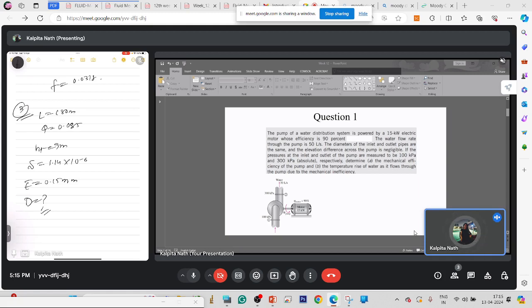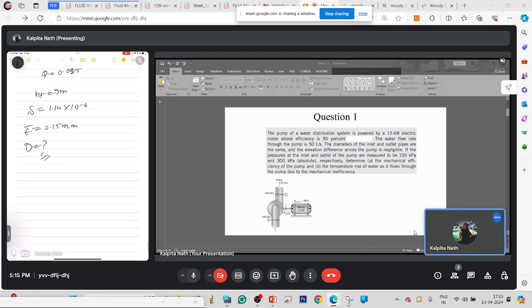So what we'll do is guess some f. From that f we'll calculate hf, and from that hf we'll calculate the diameter. From that diameter we'll recalculate the Reynolds number and epsilon by d, and after calculating those, we'll put them in the Moody's plot and find f. That f should be equal to the previous one. Over here, for the first case, we guessed f to be 0.02.